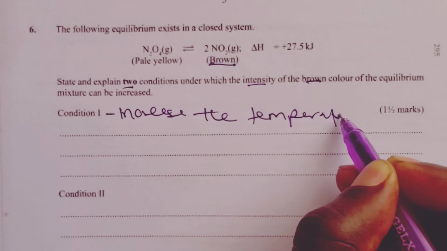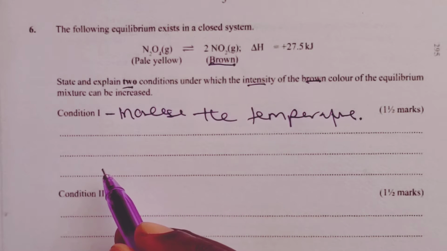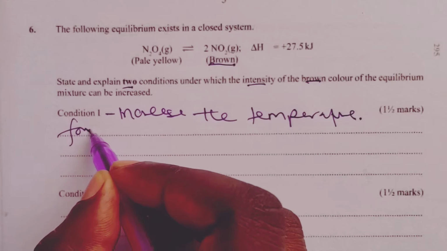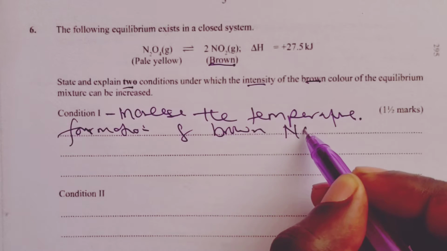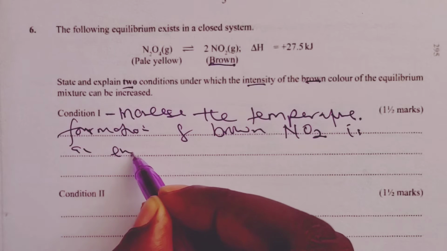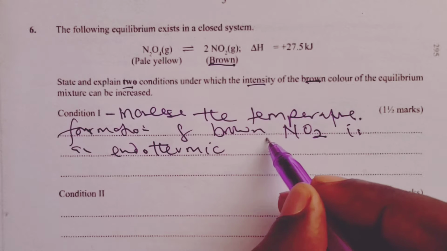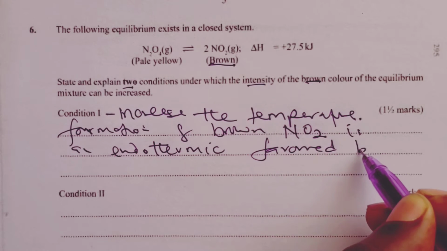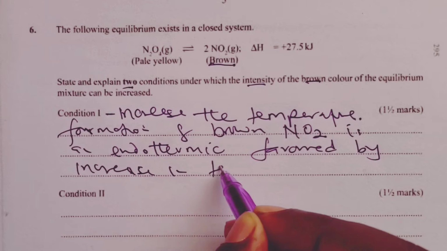So, an increase in temperature would increase the intensity of the brown color. So we need to go ahead and explain that formation of brown NO2 is an endothermic process that is favored by an increase in temperature.